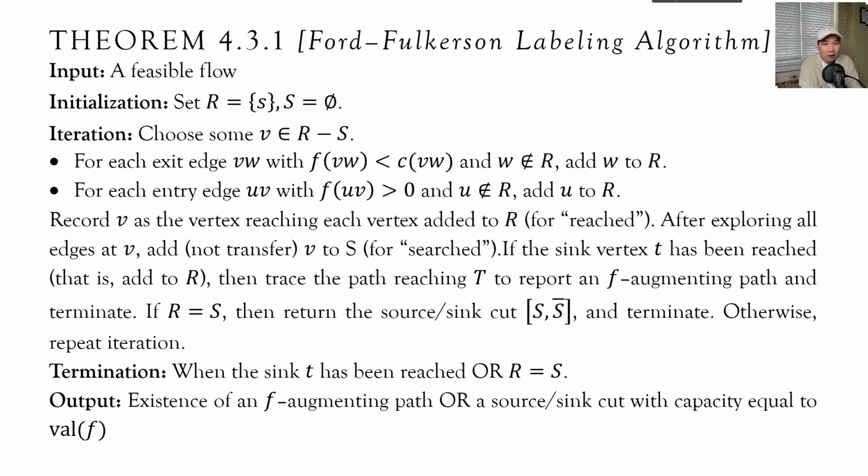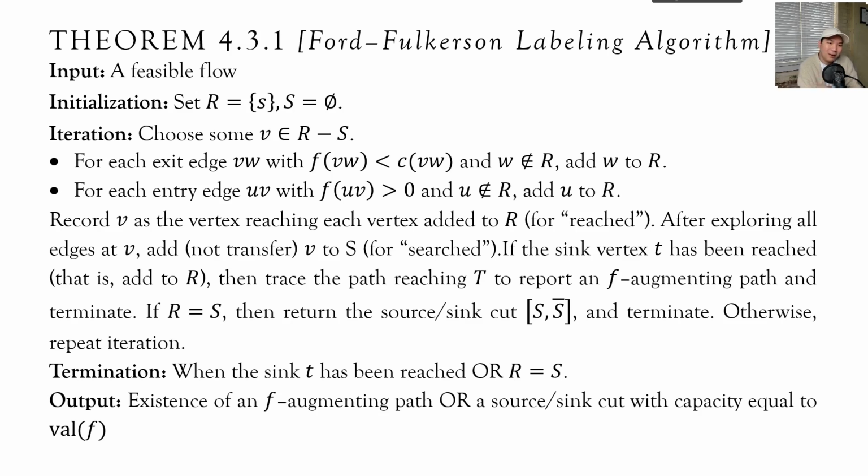This is the Ford-Fulkerson labeling algorithm. This algorithm is going to tell me, if I have some given feasible flow, is this a maximum flow or is it an augmenting flow? That is, can I improve this flow or not?